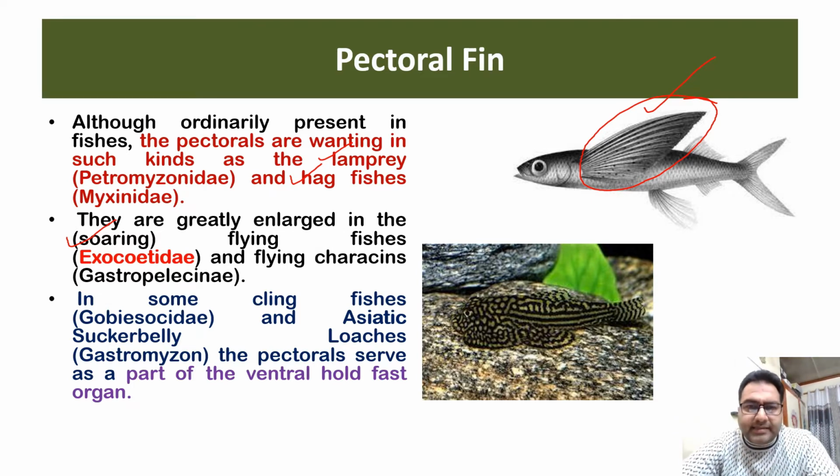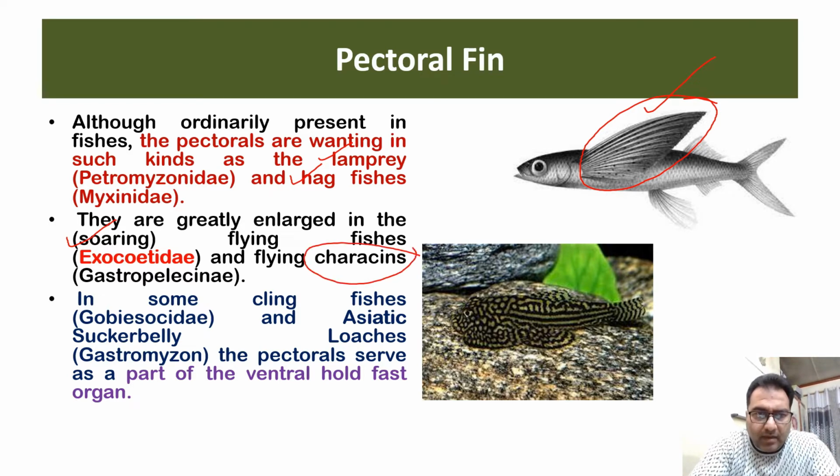The genus is Exocoetus, and the flying characins belong to Gasteropelecidae. Then we do have some cling fishes, some of the hill stream fishes which have such an adaptation, such as Glyptothorax, Glyptosternum, or the sucker bellies, which belong to the loach family.